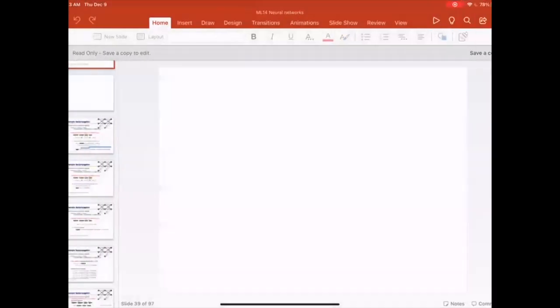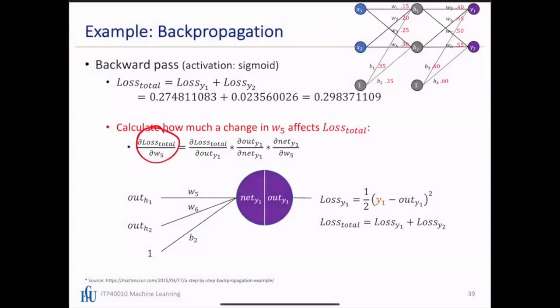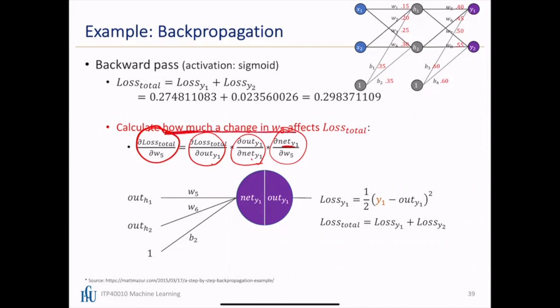So let's remove all the handwriting, and we can rewrite this partial derivative of loss total with respect to W5 in this way: the partial derivative of loss total with respect to output of y1, times the partial derivative of output of y1 with respect to net value of y1, times the partial derivative of net value of y1 with respect to W5. If you do so, you can get the value representing how much change in W5 affects loss total.